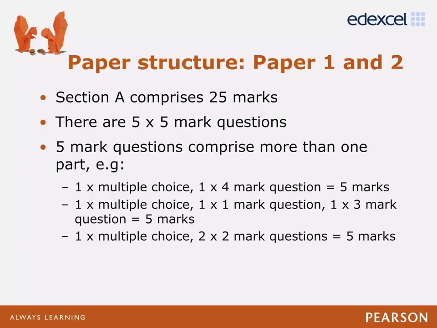For A-Level, the papers have 3 sections, A, B and C. Section A comprises short answer questions, such as multiple choice, calculate, illustrate and explain questions. There are 5 5-mark questions comprising a number of parts. There are also some short answer questions in Section B. These are 4, 5 or 6-mark explain and/or calculate questions.